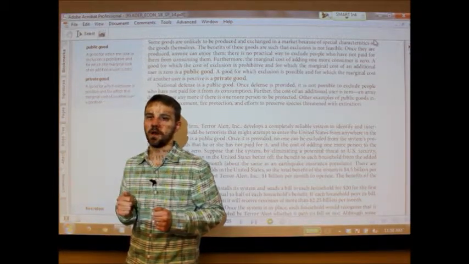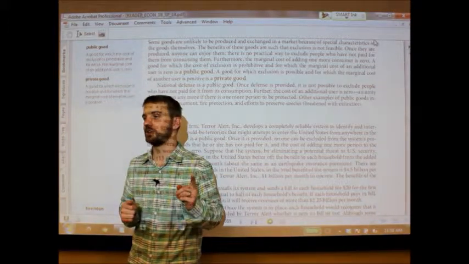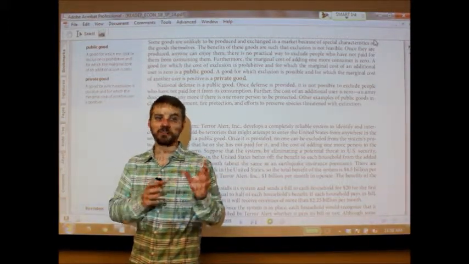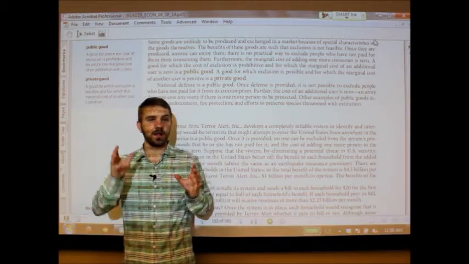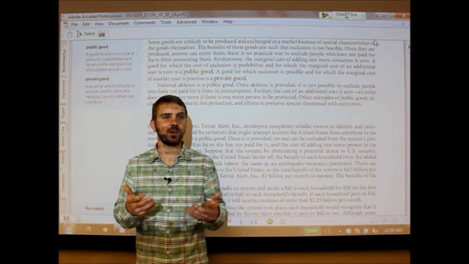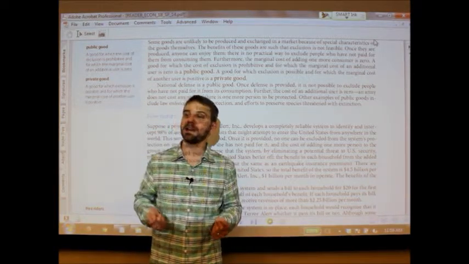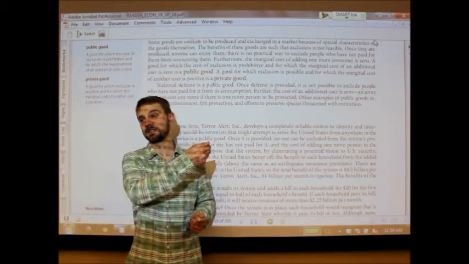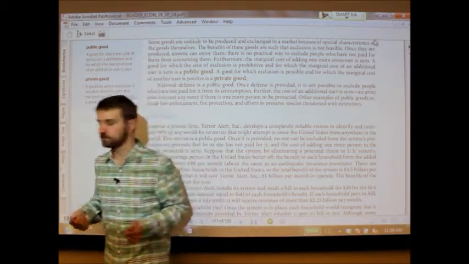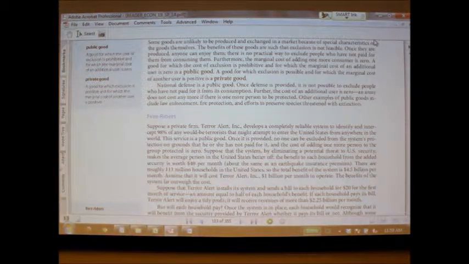In other words, although Adam Smith was right to point out the benefits of free markets, that individuals left to themselves with no high-level coordination, in other words, independently, can result in an efficient allocation of resources for society as a whole, but not in all cases. And so in some cases, we do need the government, or another clever solution can be found to provide public goods. And so sometimes that's government supply, and sometimes not.